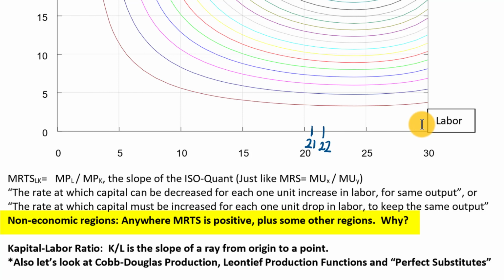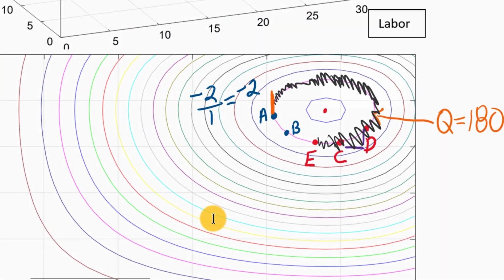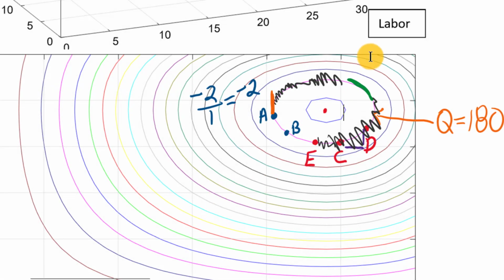Non-economic regions. We could just call them stupid regions if we wanted to, but we'll stick to the more technical term non-economic. It just means if you see any place where the marginal rate of technical substitution is positive, or if in order to get to that region, right over here, in this area, the slope is negative, but in order to get there, we had to go through areas where it is positive.